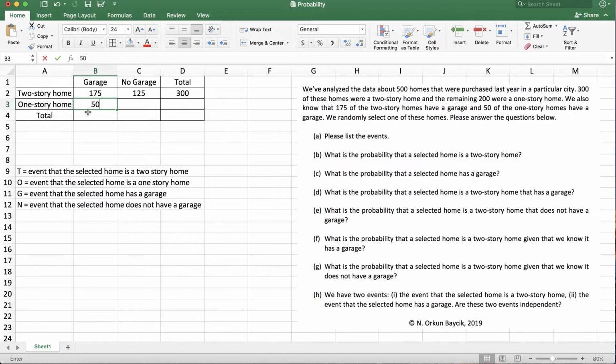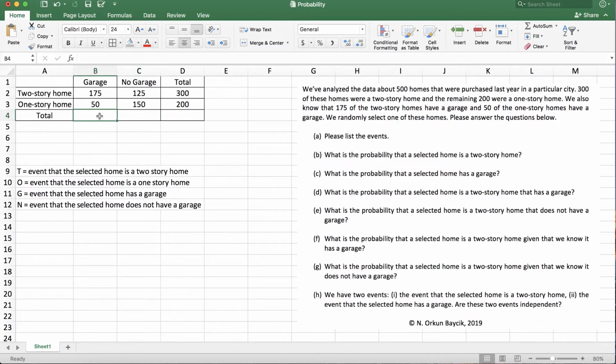So 50 is the number of one-story homes with a garage. How many total number of one-story homes do we have? And that answer is 200, right? So 200 of them are a one-story home. So the difference between these two values will give me the number of one-story homes with no garage.